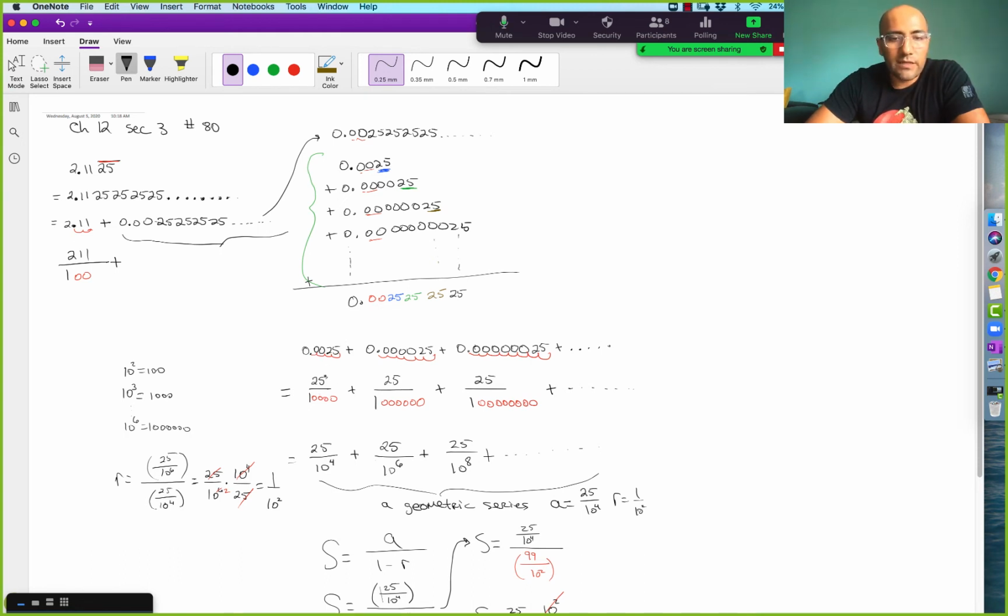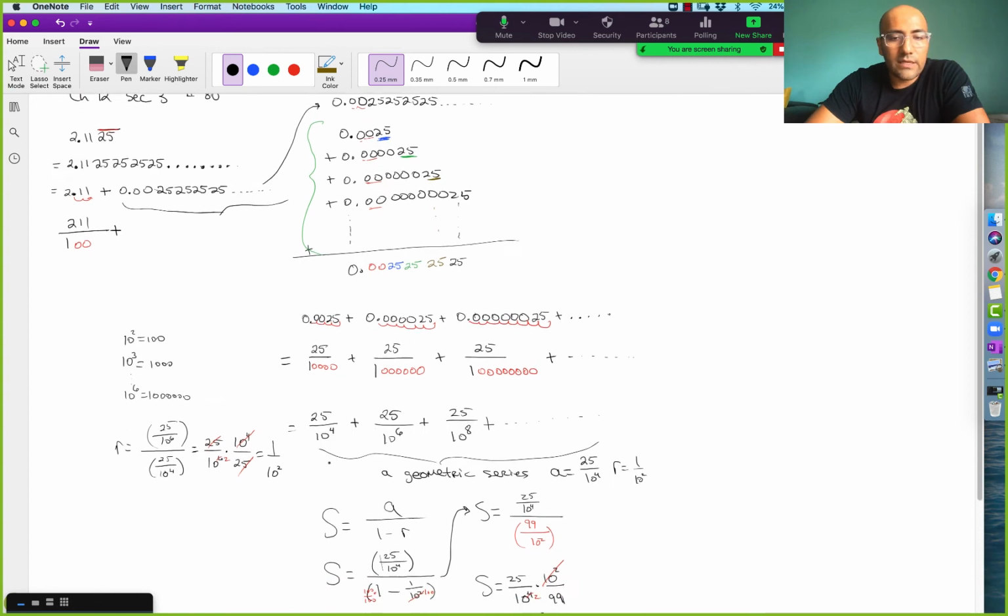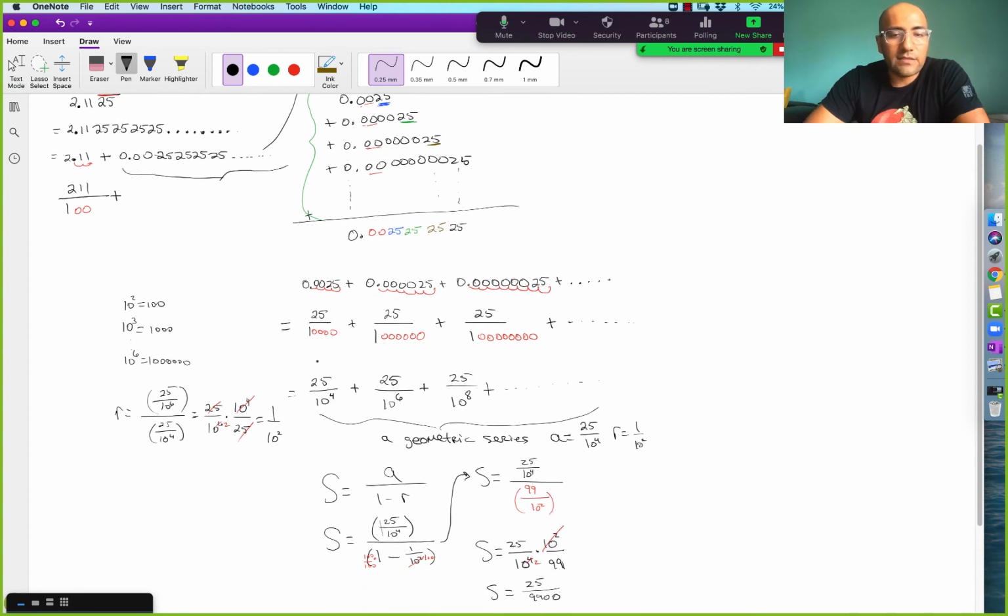Once we've converted each one of these individual fractions that do terminate into a fraction, which is easy, then we quickly note that what we have is a geometric series where the initial term is this one, and to go from one term to the next, we would multiply by 1 over 10 squared.